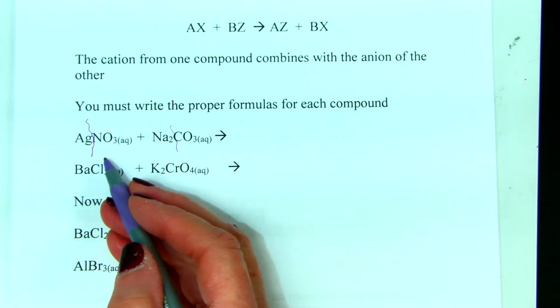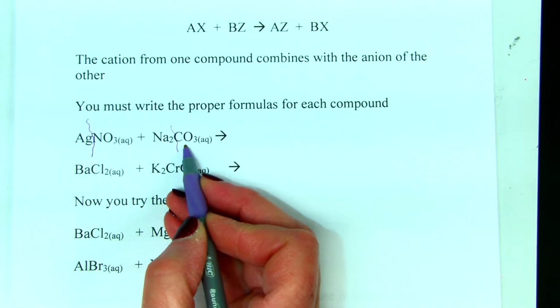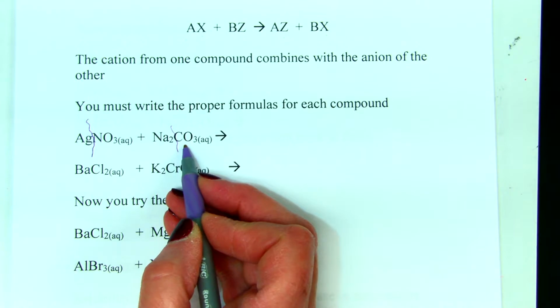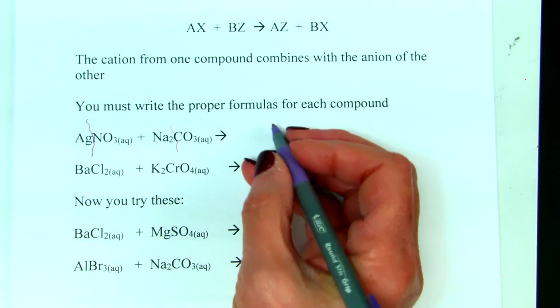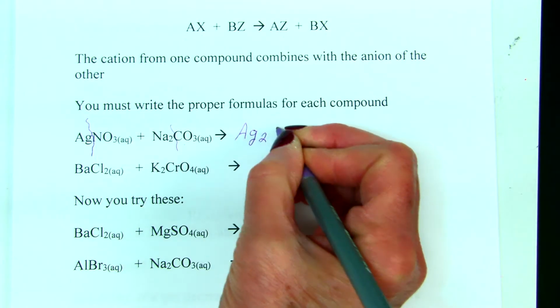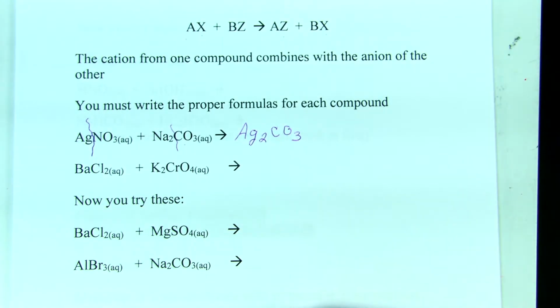They trade partners. So silver is going to hook up with carbonate. Now, what's the charge on a silver ion? +1. And what's the charge on a carbonate ion? -2. So I have to write the proper formula for silver carbonate. Ag2CO3. So we trade partners writing the proper formula.